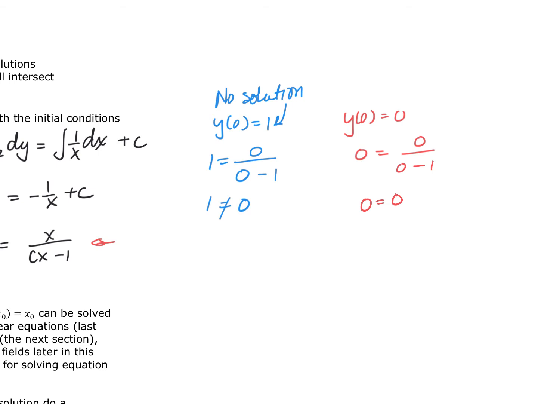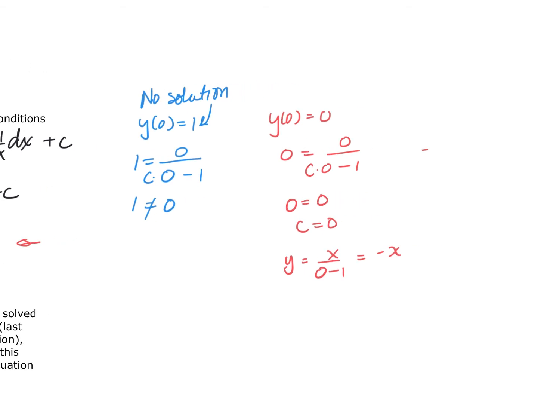That tells me that c can be anything, because it's 0 times c here, just like it was 0 times c before. So the equation that I get with that initial value is y is equal to x over cx minus 1, for any c. That satisfies that solution.